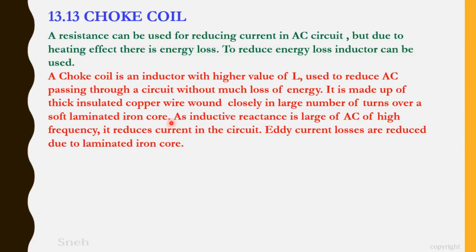All these things we have discussed in the electromagnetic induction chapter, so there is no need of discussing them again and again. Now here, for us, what is important? An inductor is wire wound closely with a large number of turns over a soft laminated iron core. That you have to just keep in mind.